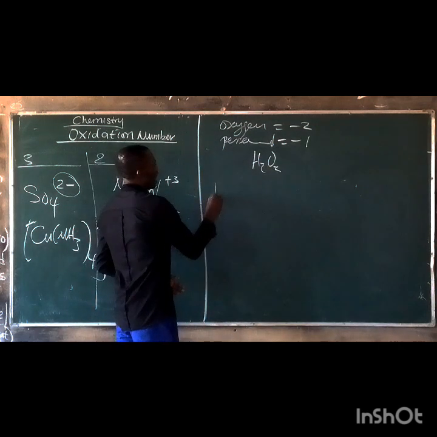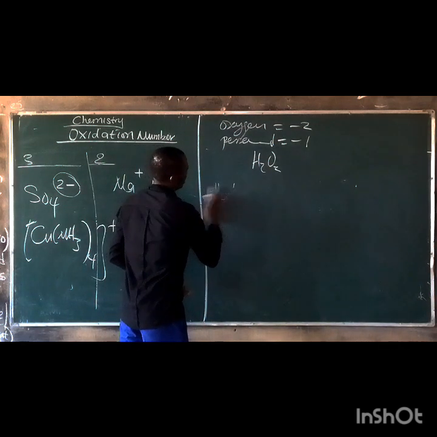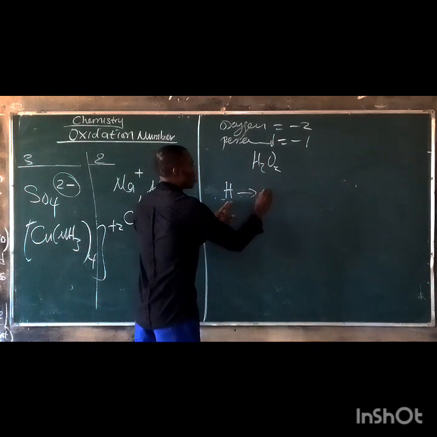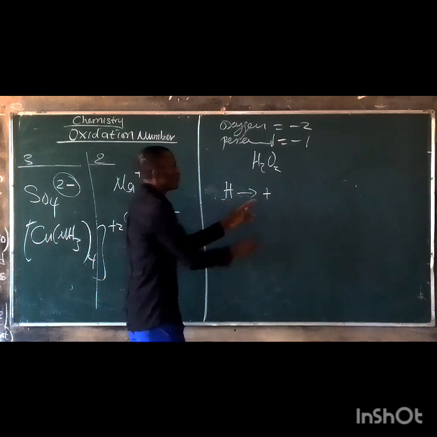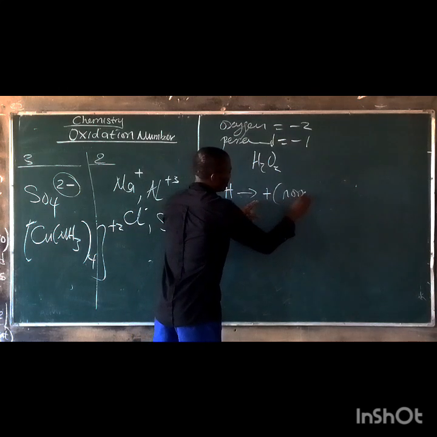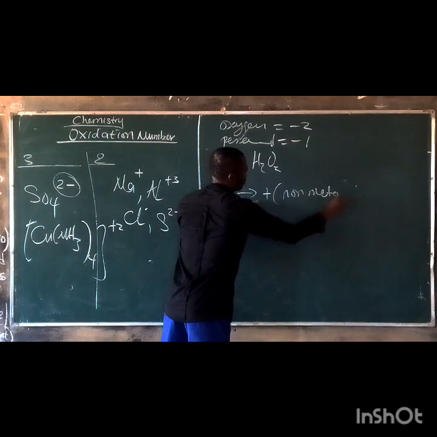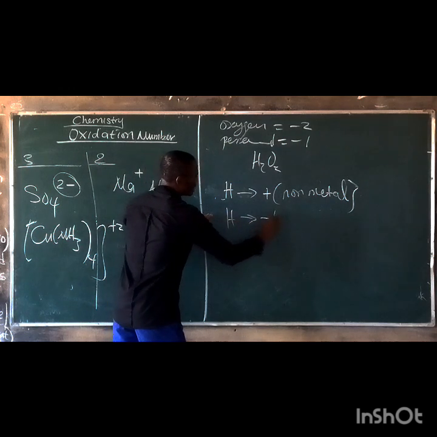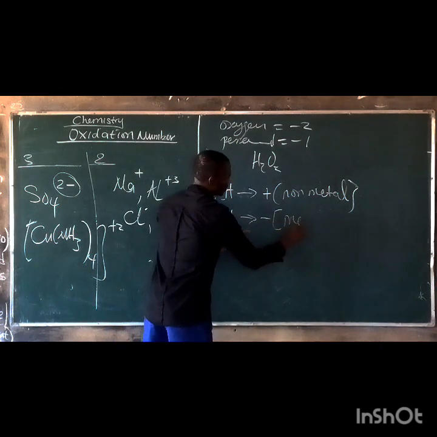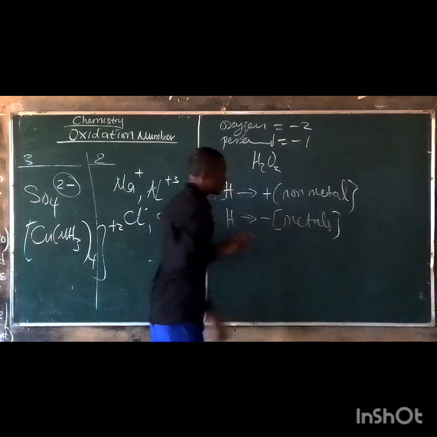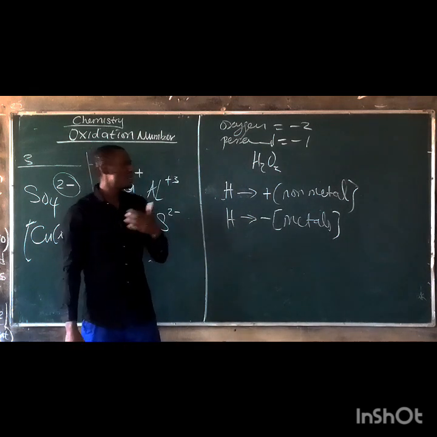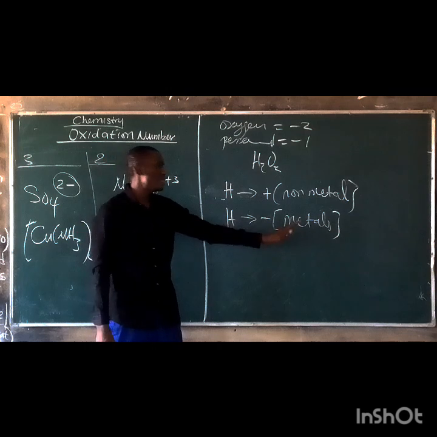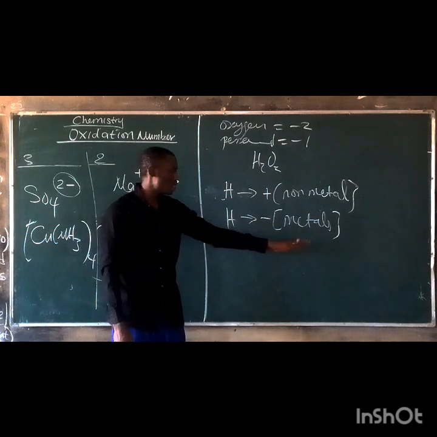Now for hydrogen, because of time: hydrogen has an oxidation number of +1 if it is combining with non-metals. But hydrogen is negative when it is combining with metals.